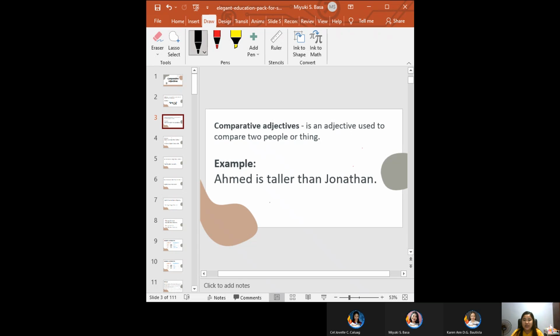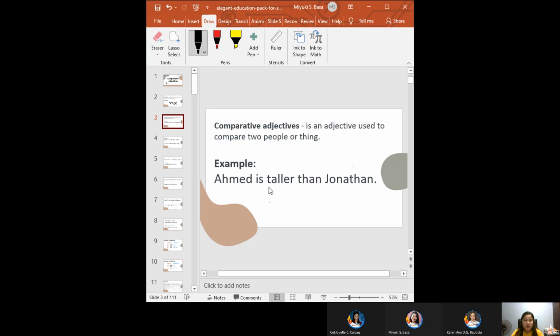Now my question is, what do you think is the comparative adjective in the sentence? Yes, ma'am, the comparative adjective in the sentence is the word taller.